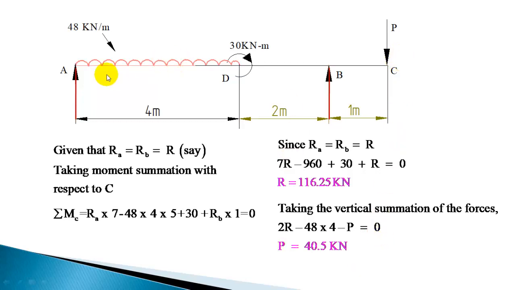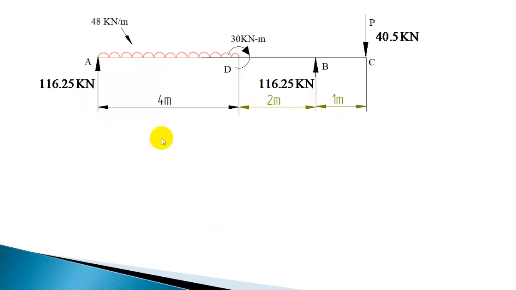After getting the unknown reactions and load, we can draw the shear force and bending moment diagram. So let us calculate the shear force at various points. Since the UDL is acting here, you have to take a section immediately right of A and immediately left of D. Due to the couple, shear force will not make any change locally.